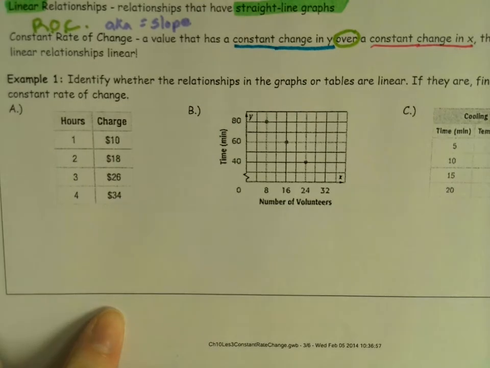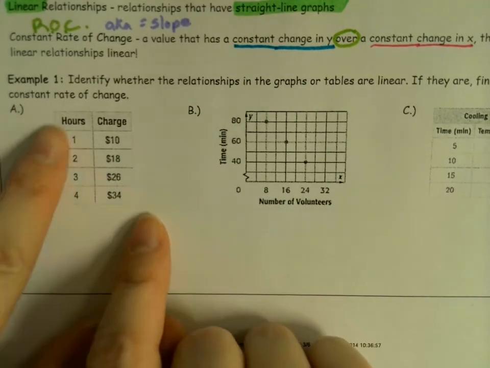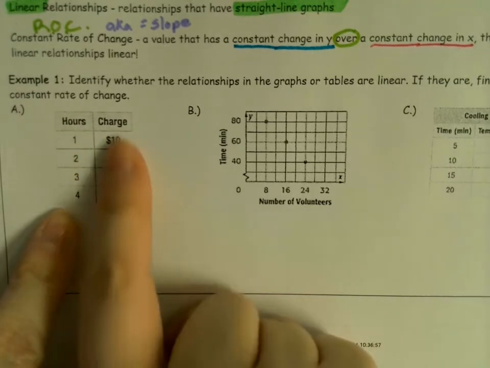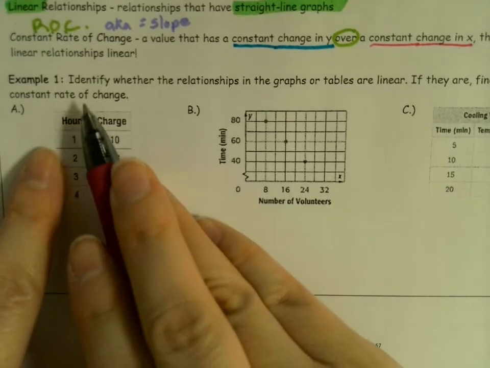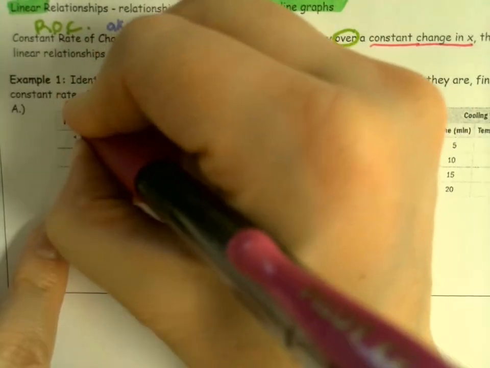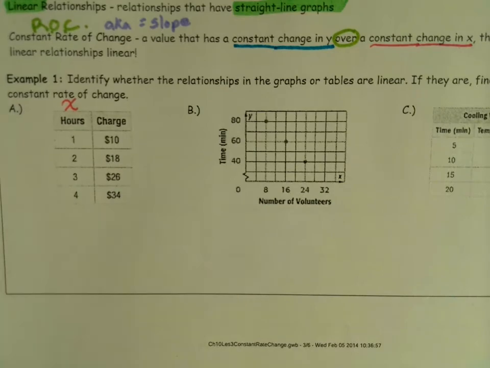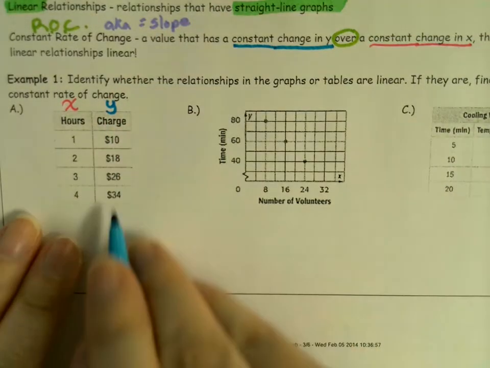So looking at this very first problem, I have hours and I have money. How many hours and how much I'm being charged. Remember, we stated that the X is always going to be an hours or time relationship, which happens to be on the left side of the graph. Money is going to be that Y relationship, which happens to be on the right side of our graph. So this is our vertical table.